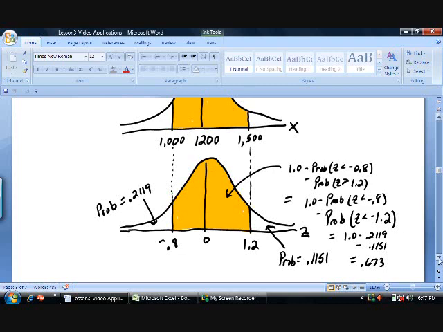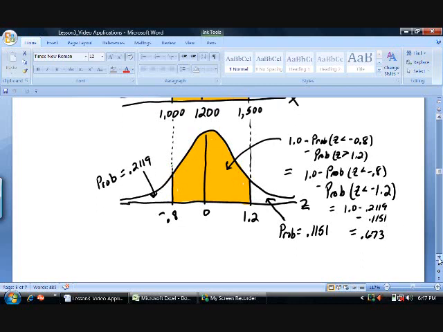Now we've already seen that the probability of getting a z greater than 1.2 is the same as the probability of a z less than minus 1.2. So I need to go to my normal table. I need to find the probability of getting a z less than minus 0.8 and find the probability of getting a z less than minus 1.2. Let's do that.